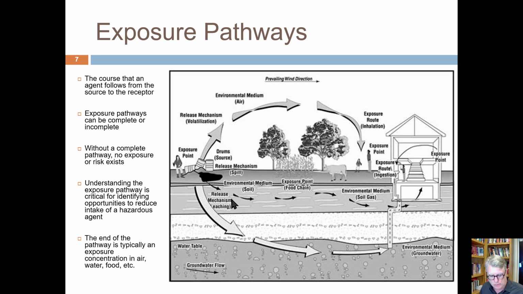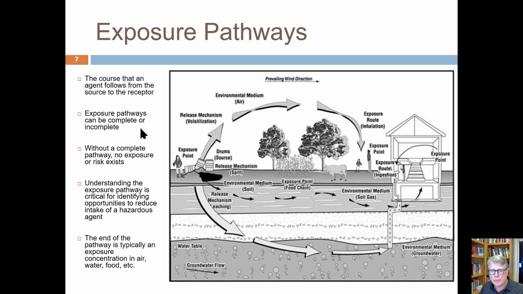And so volatile compounds can actually move through those voids in soil. Eventually that soil gas could be taken up into, say, the basement or lower level of a building, after which people could then be exposed. So there's another pathway, and there's a groundwater pathway shown on this diagram too.